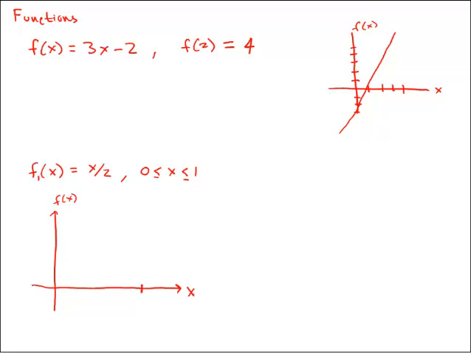Let's zoom in. So let's say that's 1. We know this is a line. How do we draw the line? Well, when x is 0, f1 is 0. So I'll put a dot there. And when x is 1, f should be 1/2. That's 1/2. So we'll draw our line like that. So that is our function.